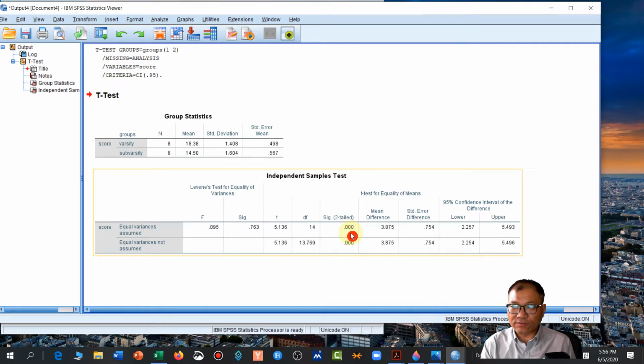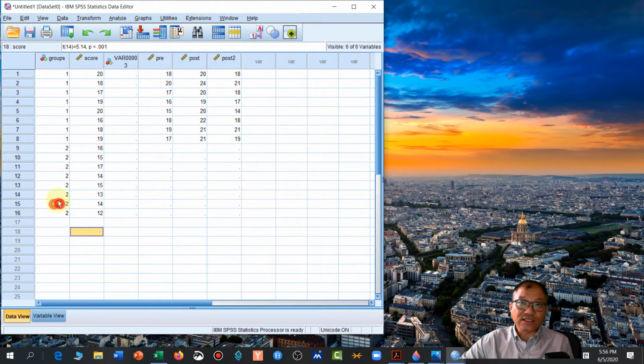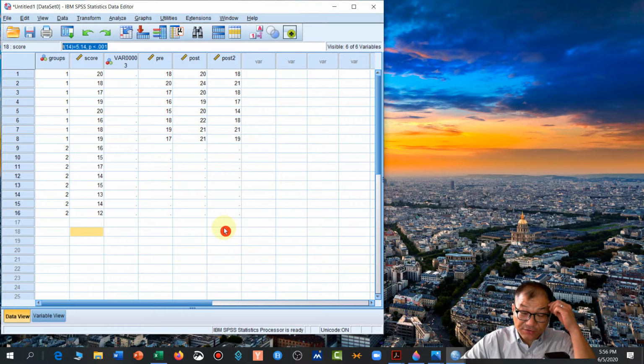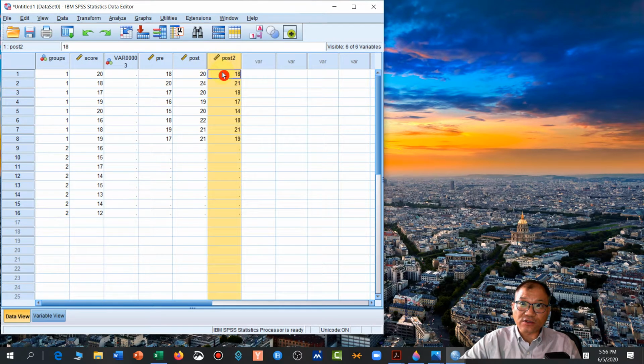You can get it from here. Significance level with two tails, 0.000. But this one means there's no errors, right? But in statistics, if you see 3 zeros, that means you need to report the p-value is less than 0.001, because there are 3 different levels of significance, right? 0.05, 0.01, 0.001.